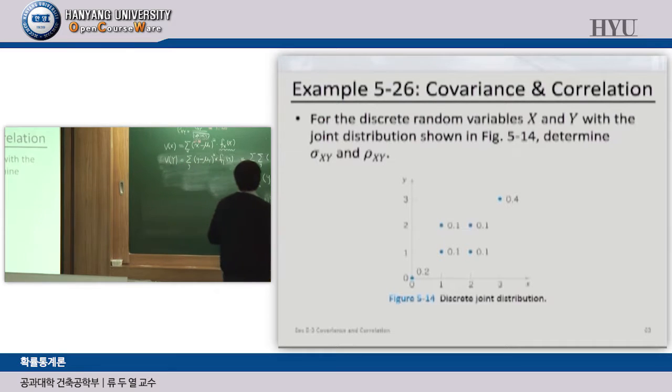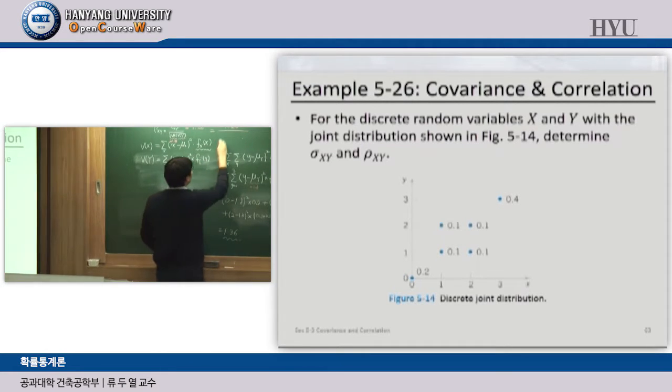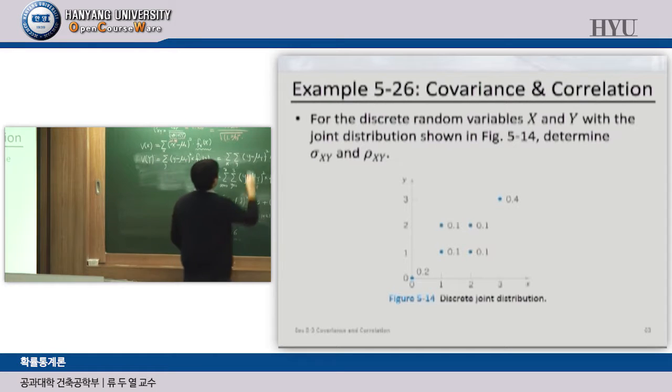So the rho xy is equal to 1.26 over root 1.36 squared. Okay? And that is equal to 1.26 over 1.36.